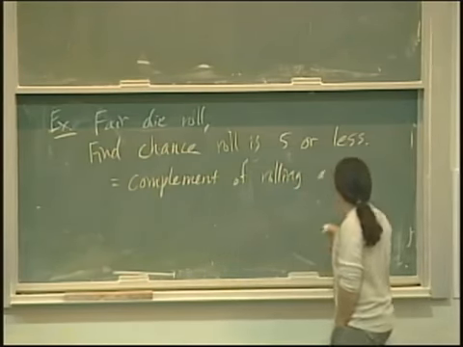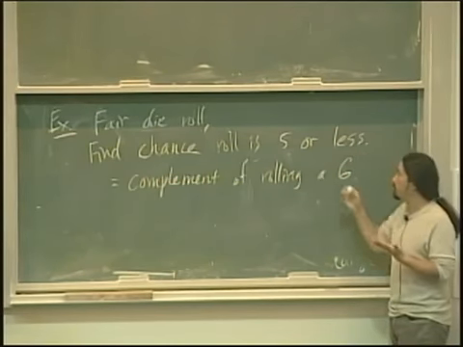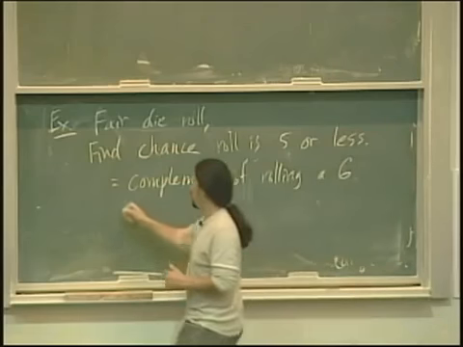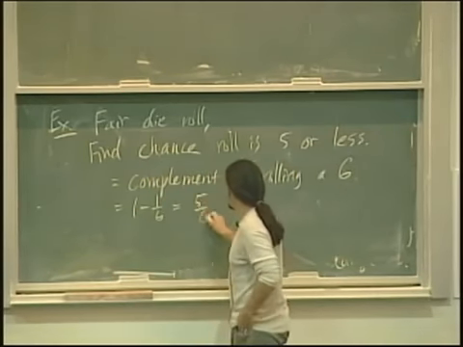So if finding the chance of rolling a 6 is easier to think about than this event, you can do it that way, and you just get 1 minus 1/6 is 5/6.